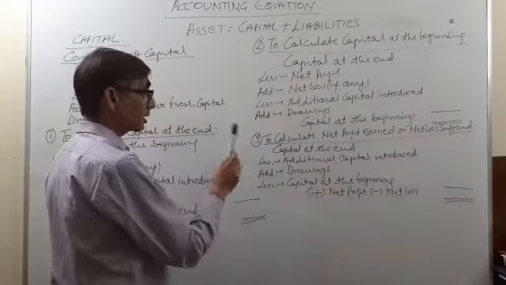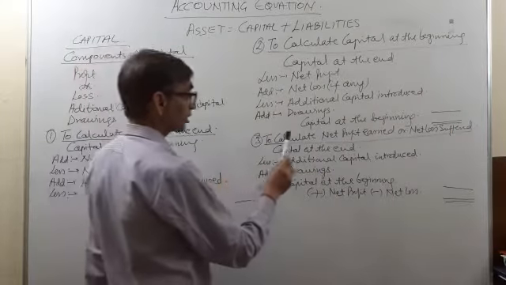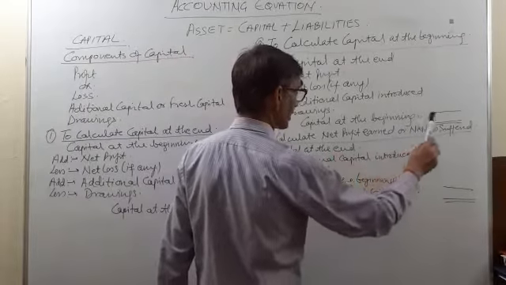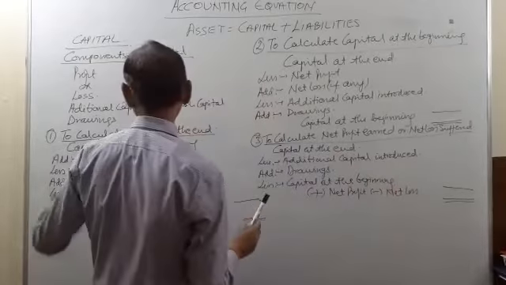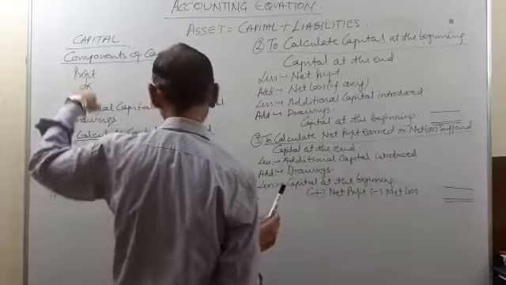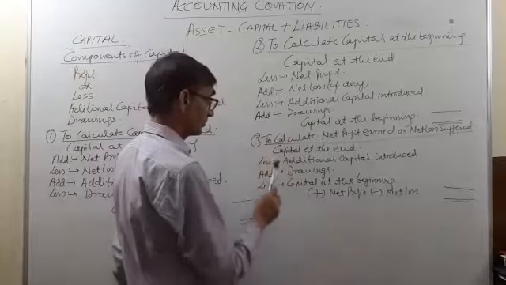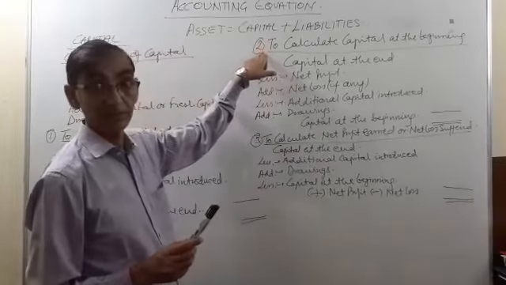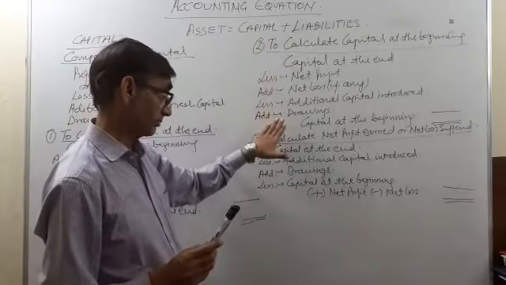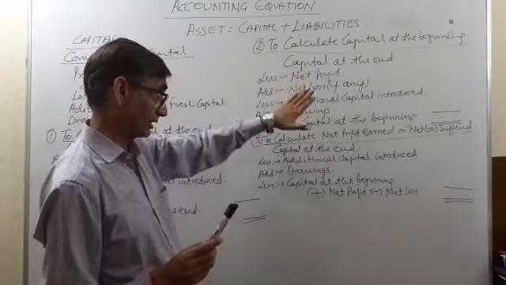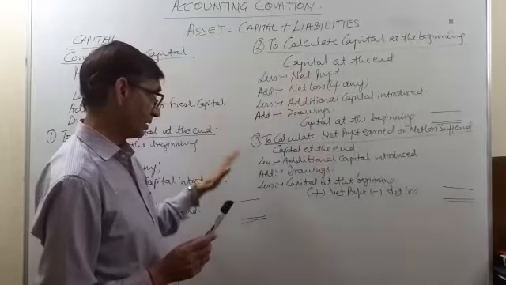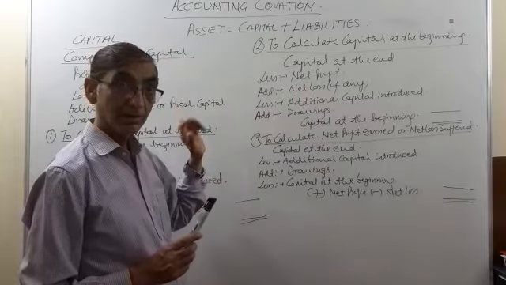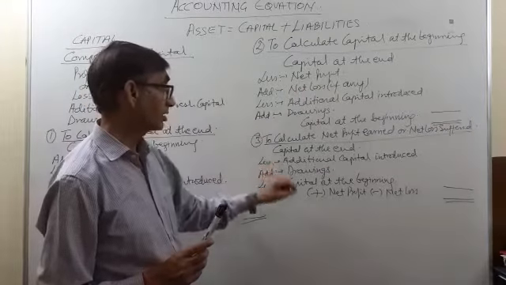Now the third thing: you want to calculate the net profit or the net loss. Any of these three things can be calculated. In that condition, we will take the base of the second statement as it is. Whatever thing is missing, remove it, and whatever is left, incorporate it to find out the result.